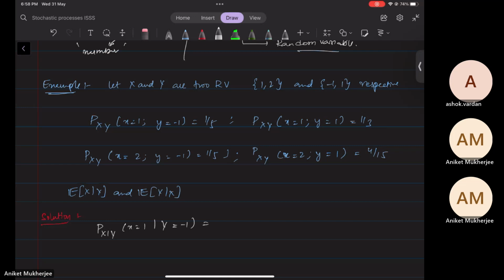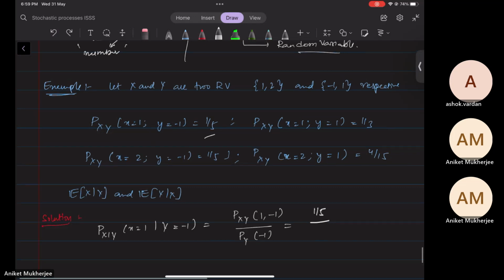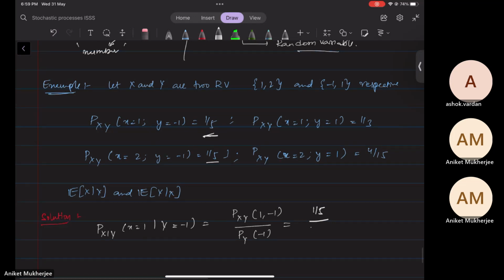From the conditional probability, we know that this is probability of X equal to 1 and Y equal to minus 1 by probability Y equal to minus 1. Probability of X equal to 1 and Y equal to minus 1 is 1 by 5. We know that from the question. Probability that Y equal to minus 1 is just the sum of these two, which is 2 by 5. So this is 1 by 2.